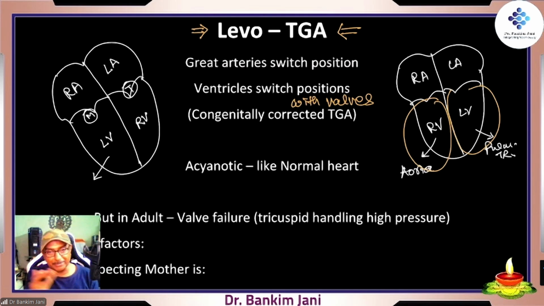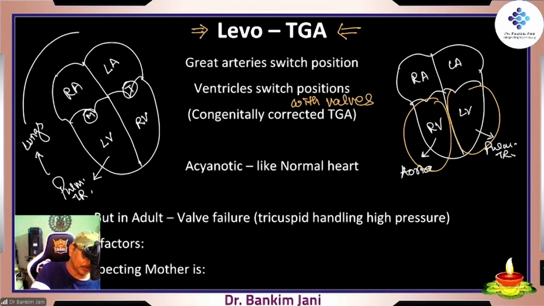So the mistake which was done is still there. So from left ventricle, what will go out? Pulmonary trunk. That cannot be correct, right? Pulmonary trunk to lungs. From lungs to left atrium. From left atrium to tricuspid.